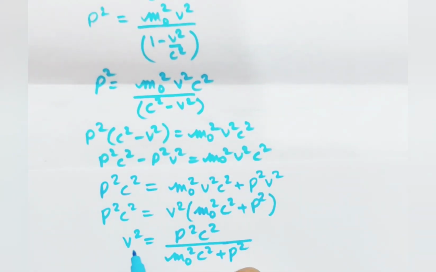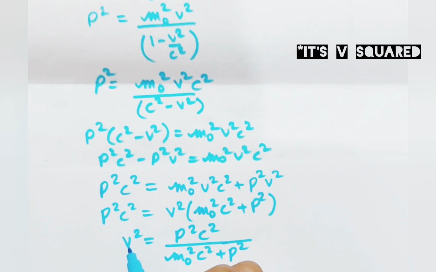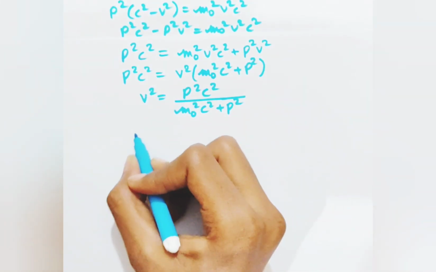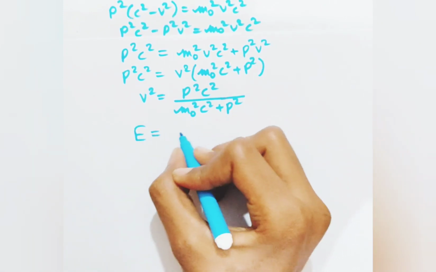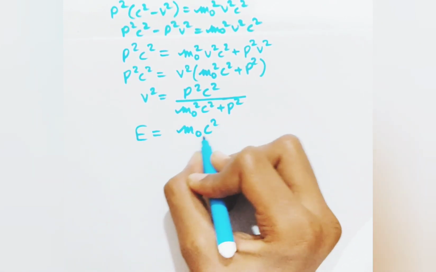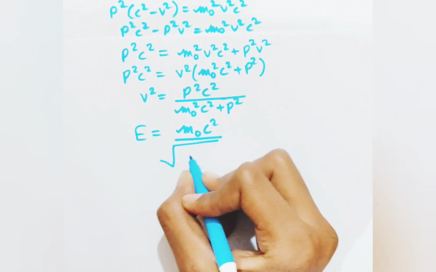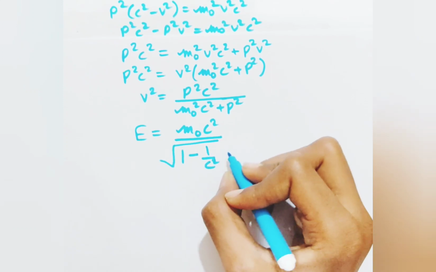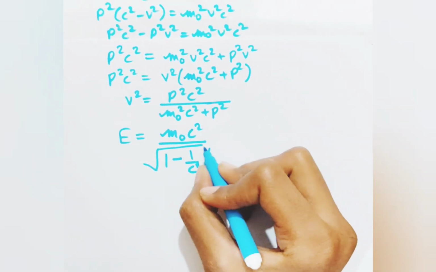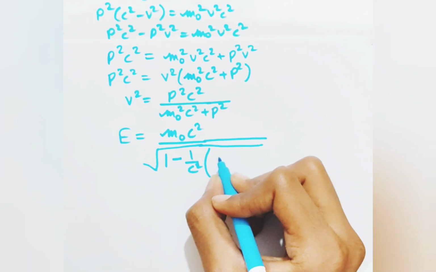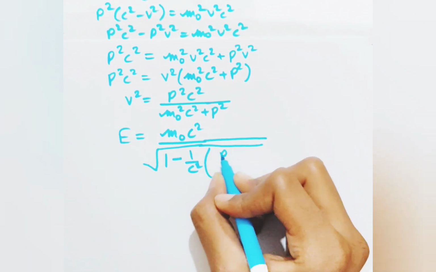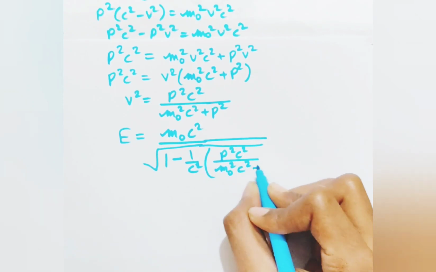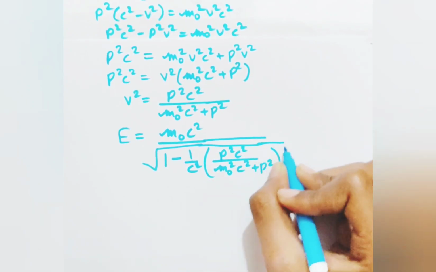Now we can put this value of v squared in the equation of relativistic energy. So E equals m naught c squared divided by the square root of 1 minus v squared over c squared, and we can put the value of v squared like this. So it's just p squared c squared divided by (m naught squared c squared plus p squared).